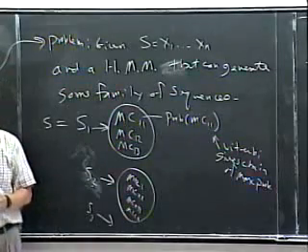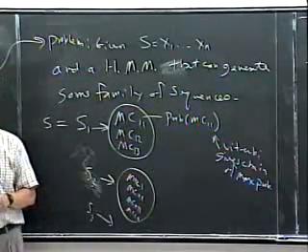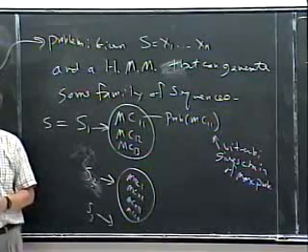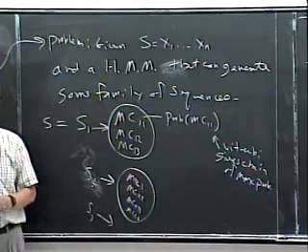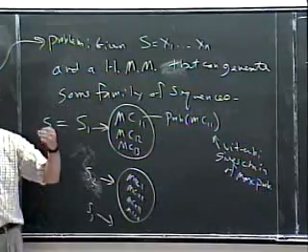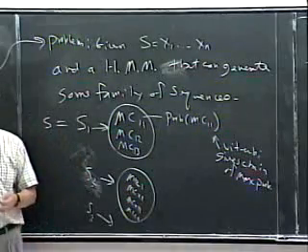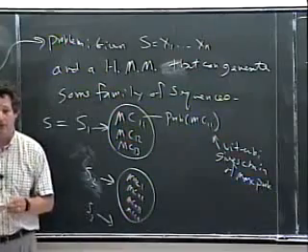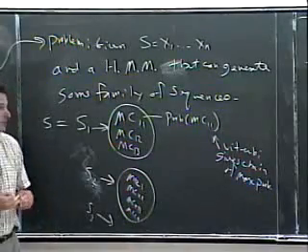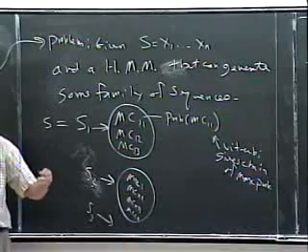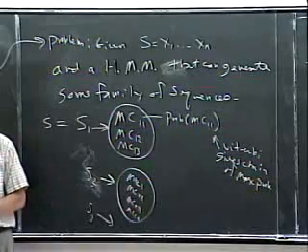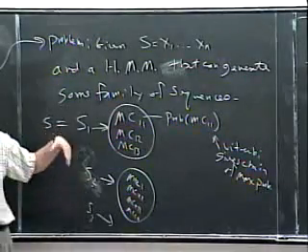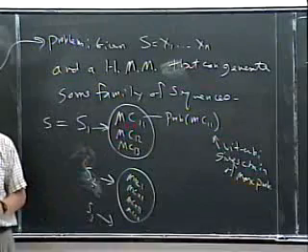And that's an appropriate question in several different contexts. In the case of the CPG islands, I guess you could say if we have a very typical set of training sequences that we used in the first place to build the hidden Markov model, some portions of that have CPG islands, some don't. You could ask, when you have a new sequence, what's the probability that our model would have generated that sequence?